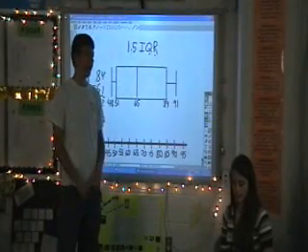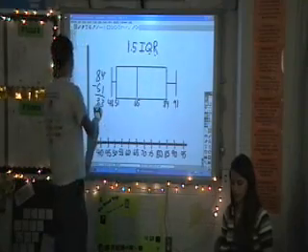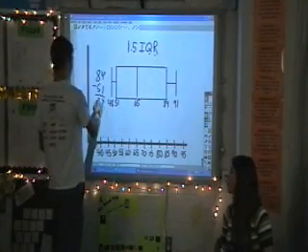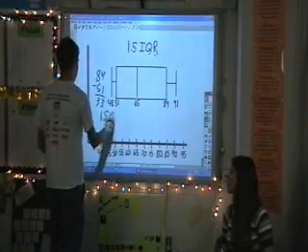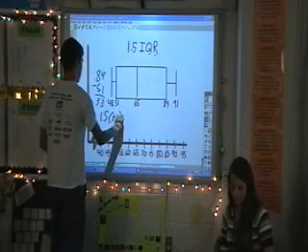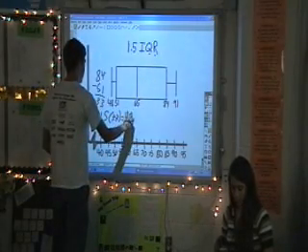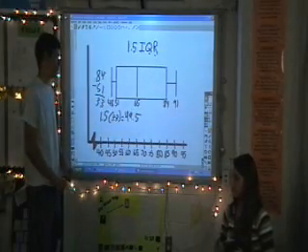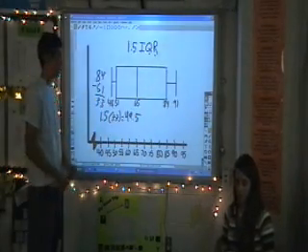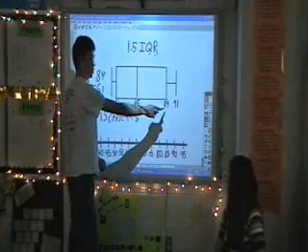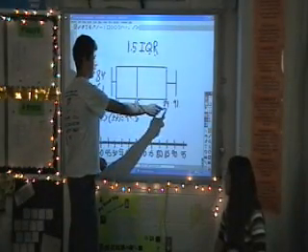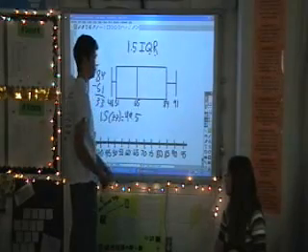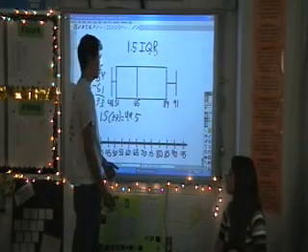So, 1.5 IQR, that would be 1.5 times 33, which is 49.5. So now we have 49.5, and anything above our third quartile, 84 plus 49.5, would be considered an outlier.